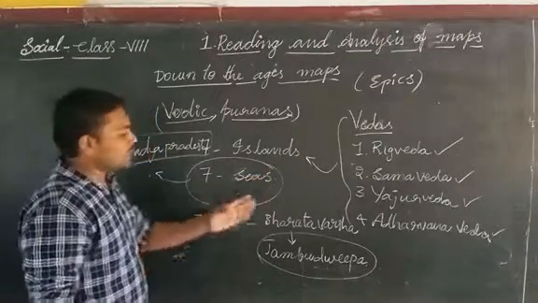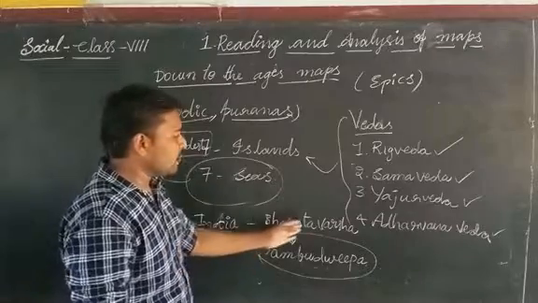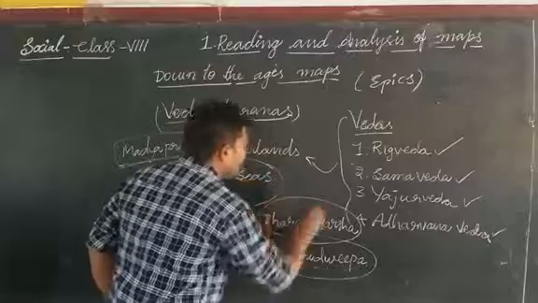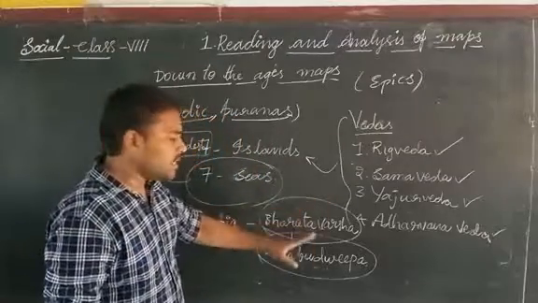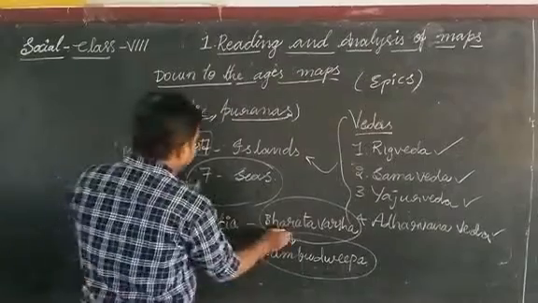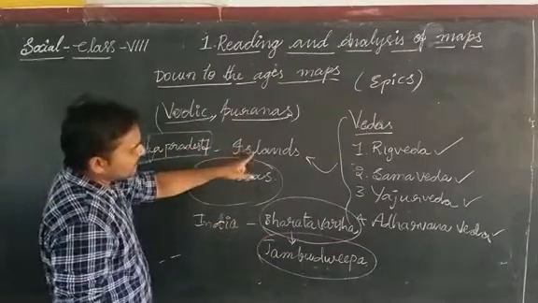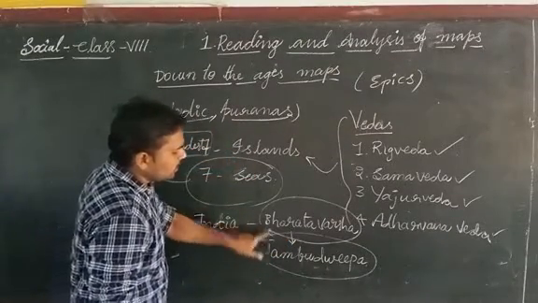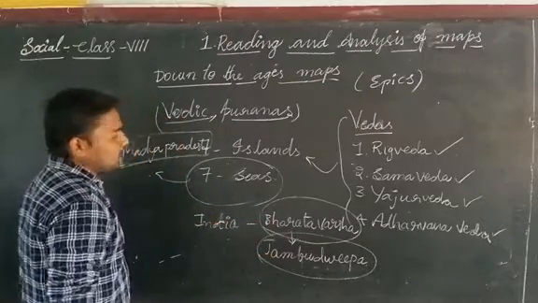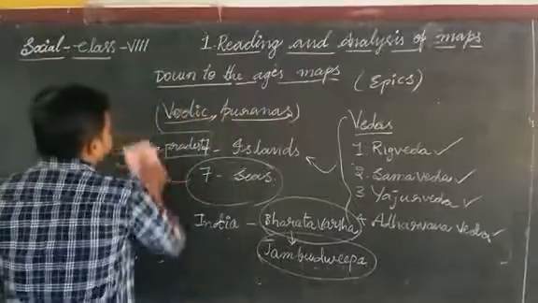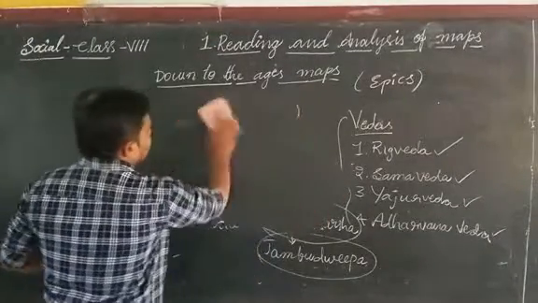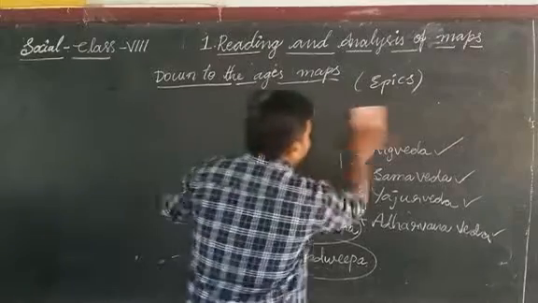According to these Vedas, our India is also called Bharatavarsha, which is the part of Jambudvipa, among the 7 islands. This is according to Vedas.